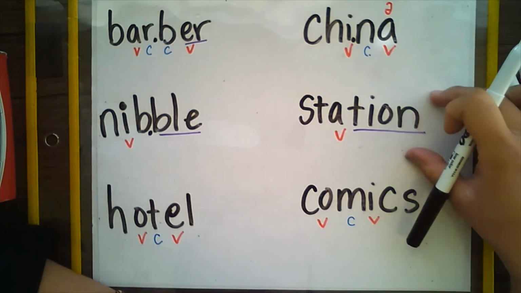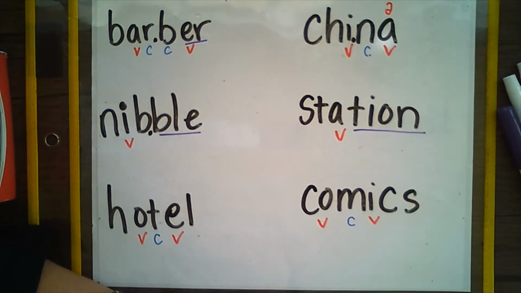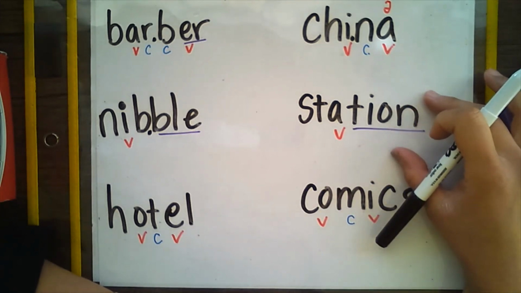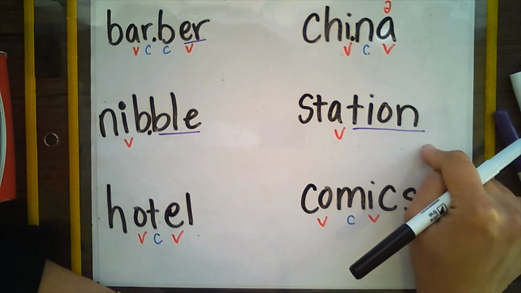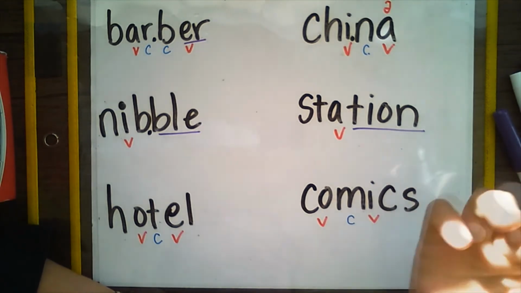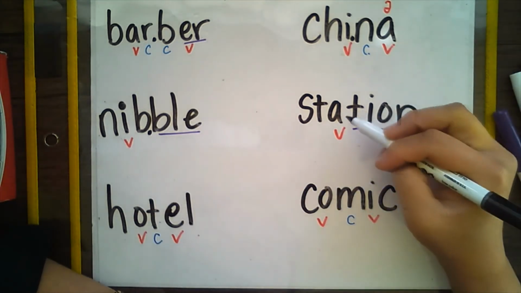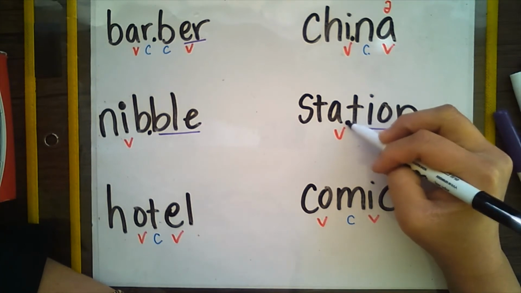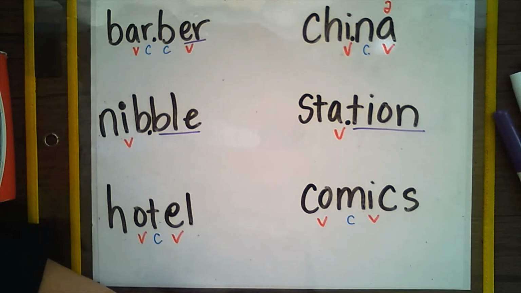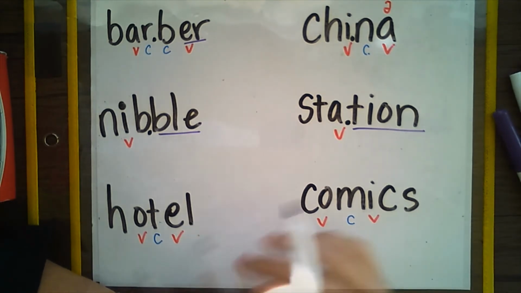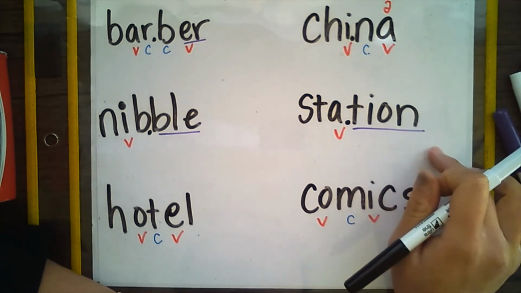Next word. Do we have an irregular sight syllable, my friends? Yes, we absolutely do. Our irregular sight syllable is shun. Okay? And just like nibble, it's a lot easier because we know that it's already a syllable by itself, so we can just split it pretty easily. We can usually split it right before the irregular sight syllable.